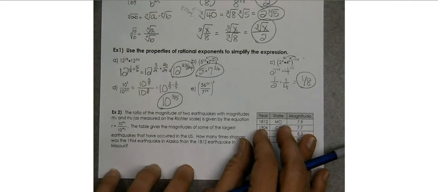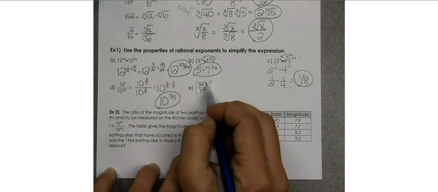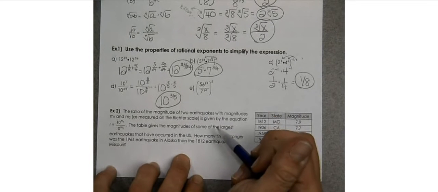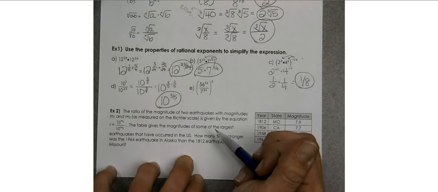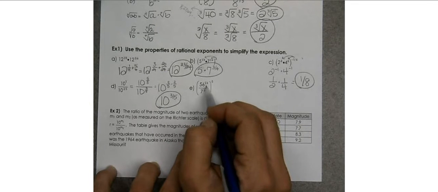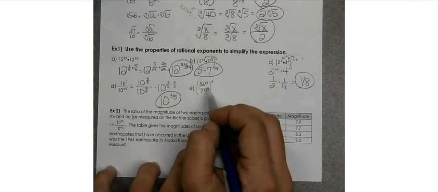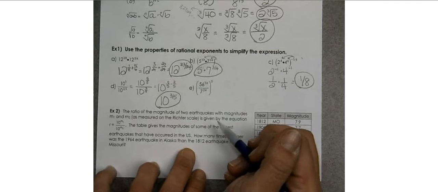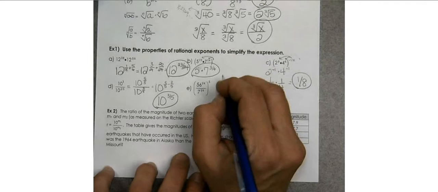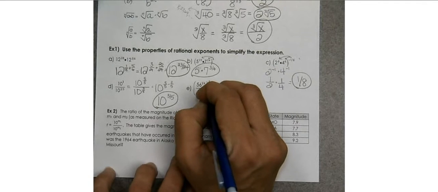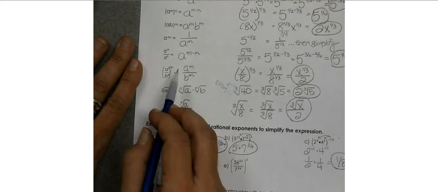In letter E, I have 56 to the 1/4 over 7 to the 1/4, all to the 5th. And one thing I notice about this is that these are both raised to the 1/4 power. And so what I am going to think about doing in this case is kind of using the reverse of this quotient property.